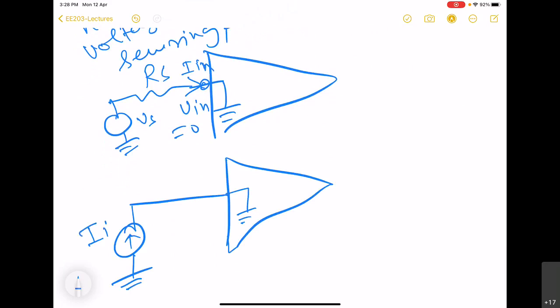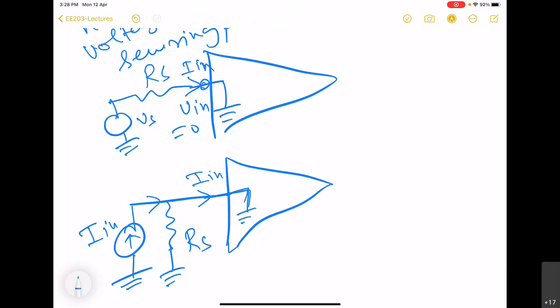This current source may be ideal like this, or you can have finite impedance also for this current source, and it will have absolutely no effect on how much current flows into the amplifier, because now you can see that this current arising from the source has two paths: a zero impedance path into the amplifier and this RS.